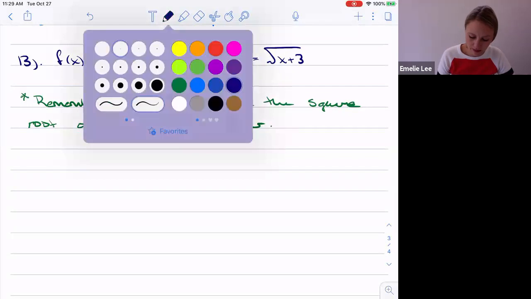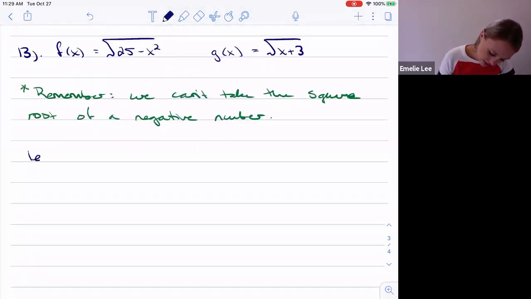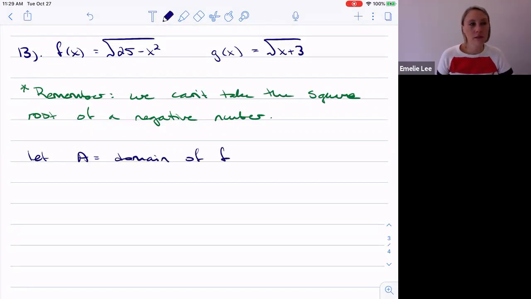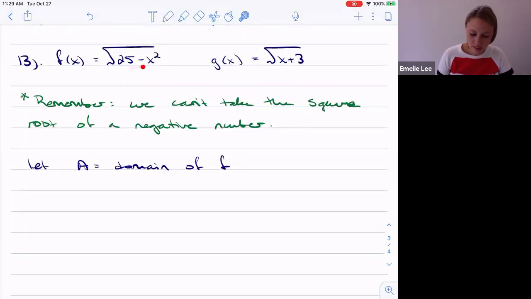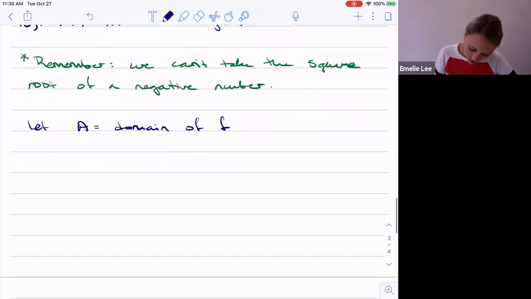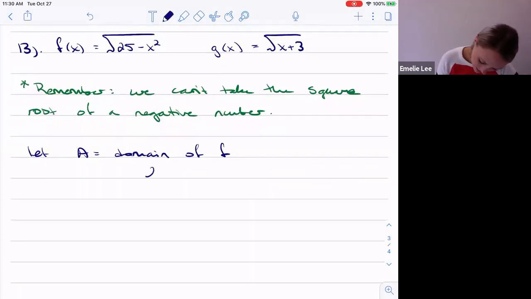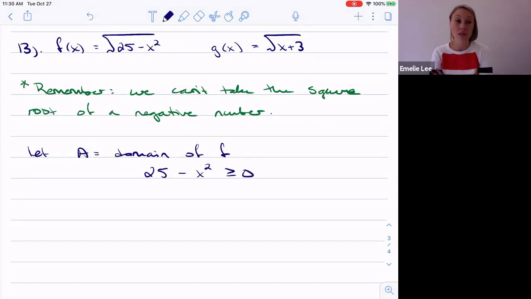So just remembering that, if I let A be the domain of f, then looking at this here, what I'm saying is that 25 minus x squared always has to be greater than or equal to 0, because I can't take the square root of a negative number.